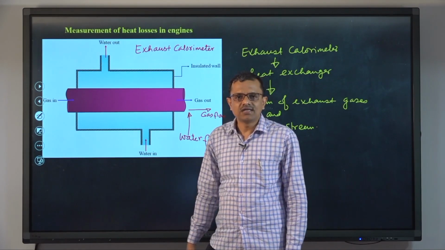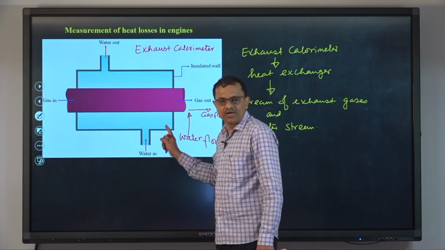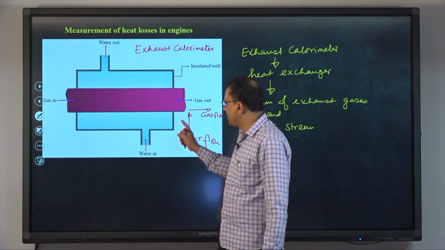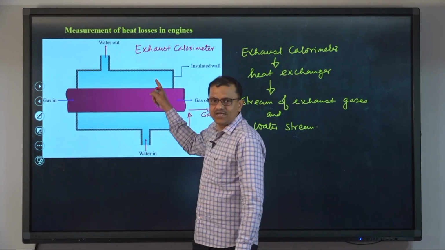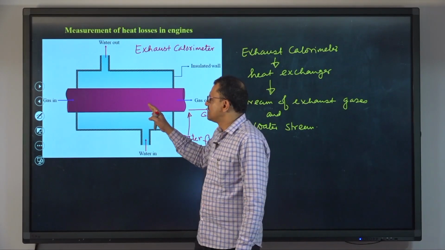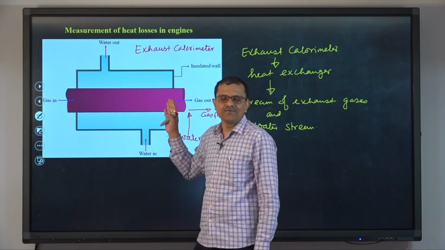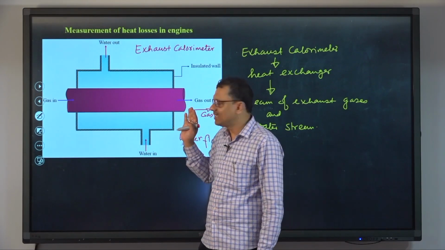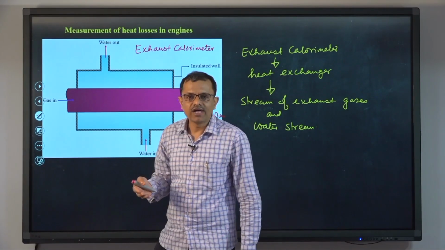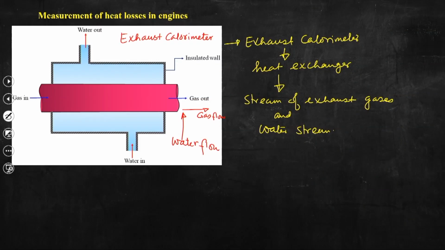In other words, I can say the flow rate of water which will be circulated through this particular unit is regulated such that the temperature of gas at the outlet does not fall below 60 degree. So, let me write here and then I will tell why it is so.